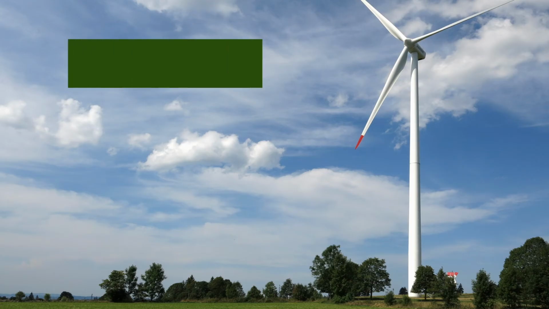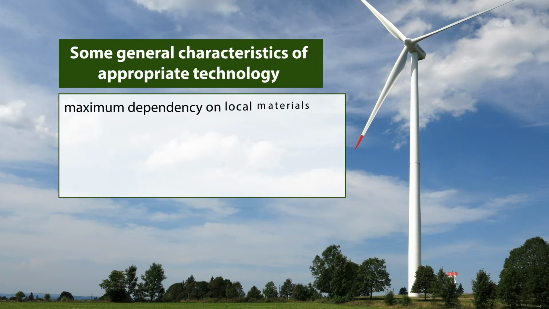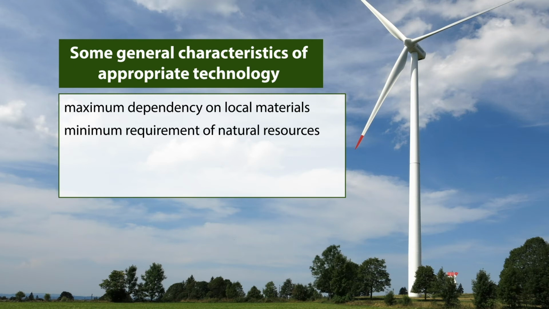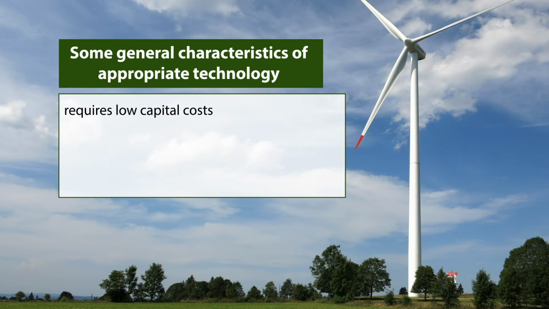Some general characteristics of appropriate technology are that it maximizes the dependency on local materials, and there is minimum requirement of natural resources. It also appreciates local skills and local labor and human resources, and it requires low capital costs.